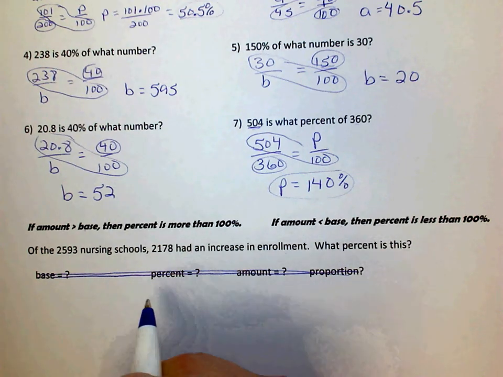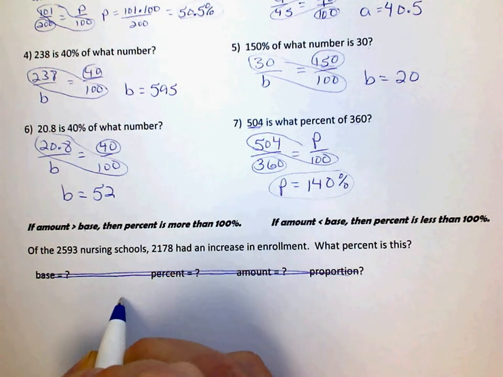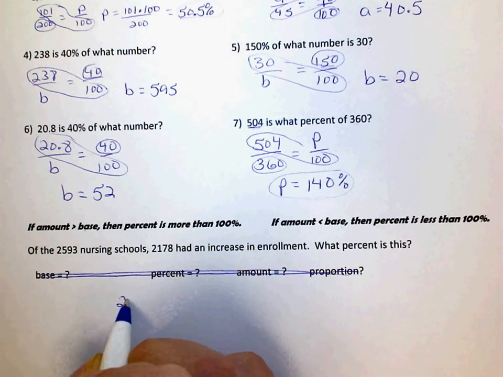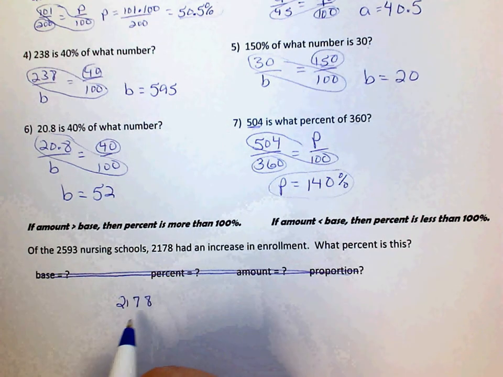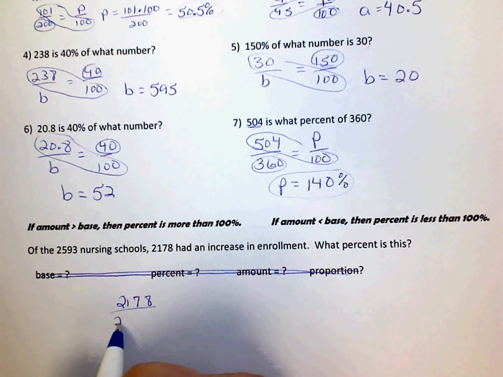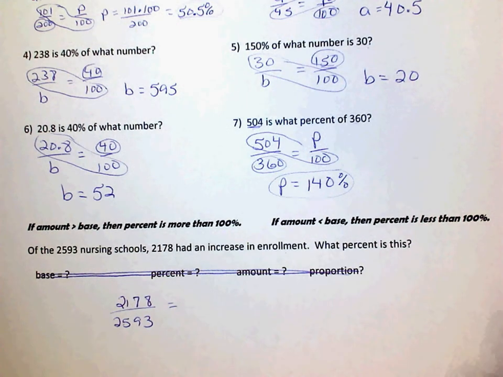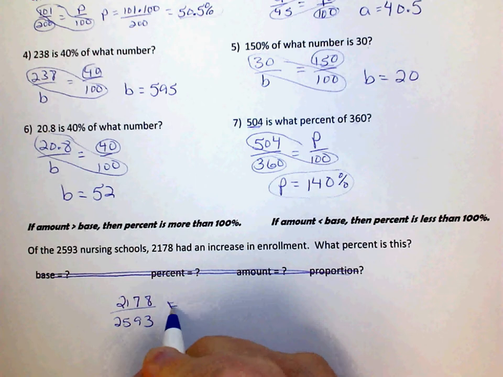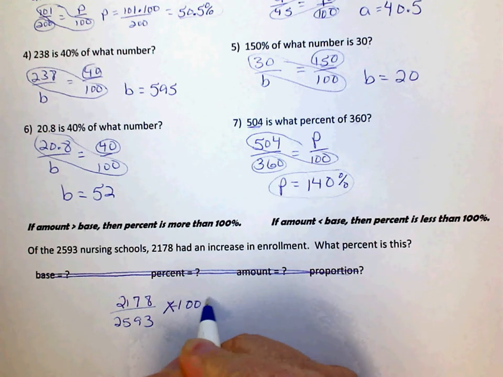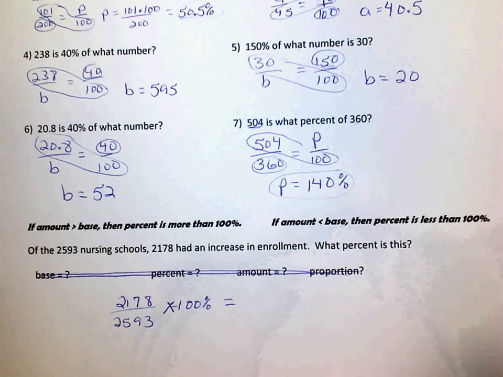So the way we find the percent increase is we take the new, we take the 2178 divided by how many there are total. What percent of these had an increase in enrollment? So we take, and then once we've done that, we times this by 100%. So this is done a little bit differently than how we did the other problems.